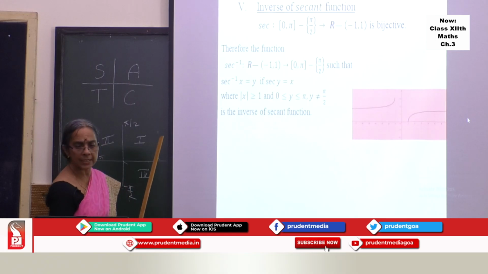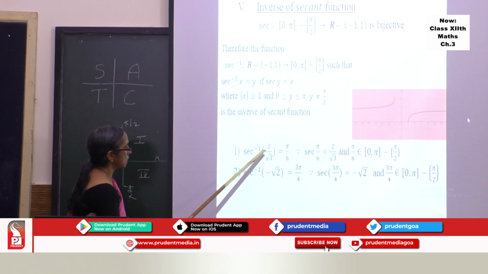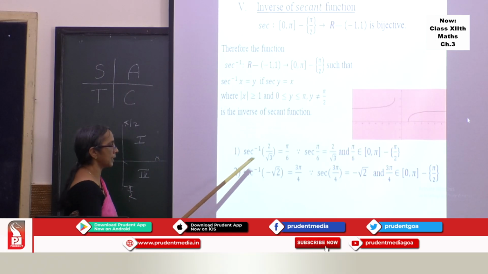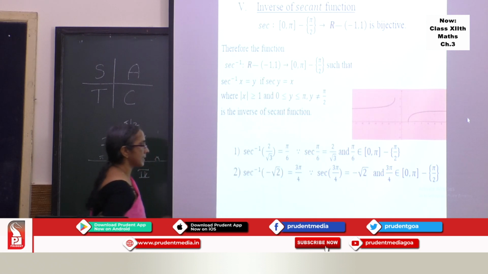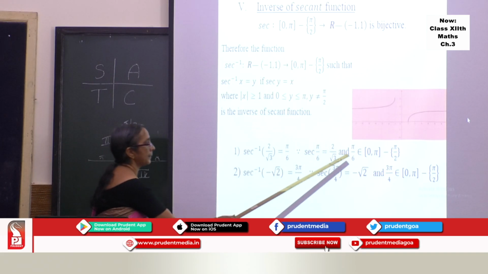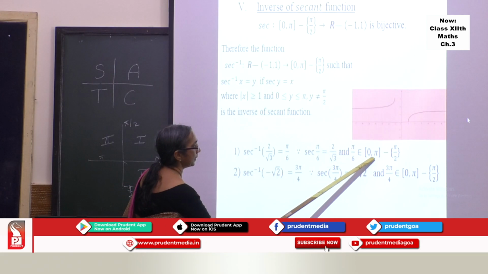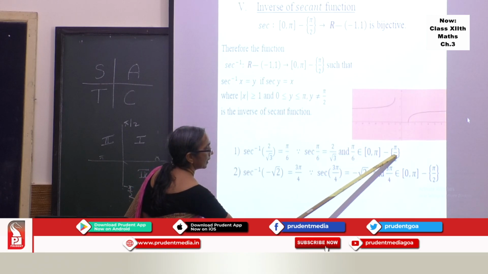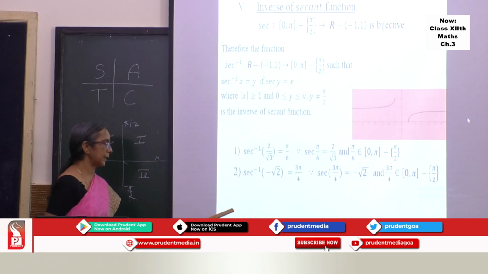So, let me give you examples. Sec inverse of the positive value 2 by root 3 is pi by 6, because sec pi by 6 is 2 by root 3. Not only that, pi by 6 is an angle between 0 and pi, excluding pi by 2.